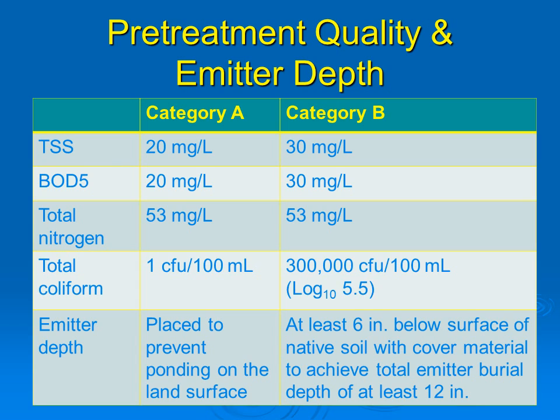For the cleaner quality effluent, the designer can place the drip field to the depth that will prevent ponding on the land surface, whatever that is. For the less quality effluent, the emitters must be at least 6 inches below the surface with a cover material to achieve a total emitter burial depth of at least 12 inches.